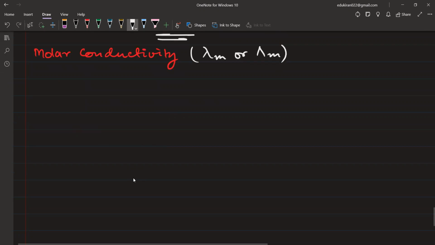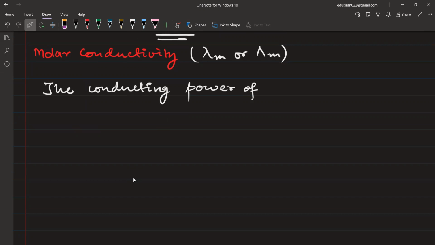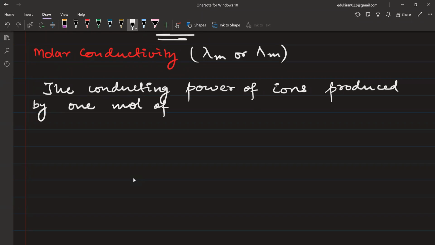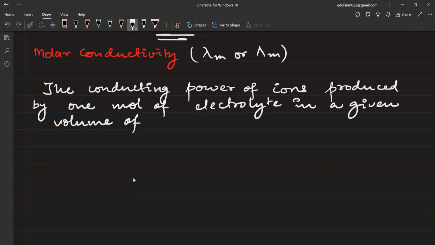Right, the conducting power of ions produced by one mole of electrolyte in a given volume of solution is called molar conductance.